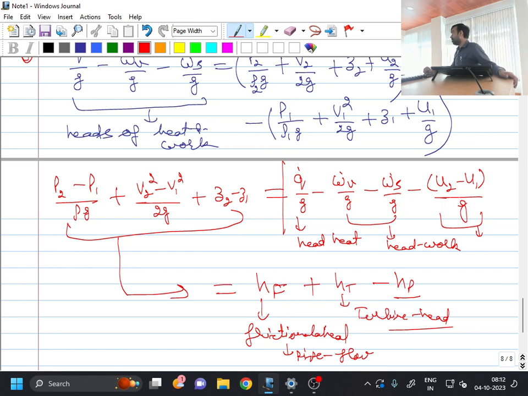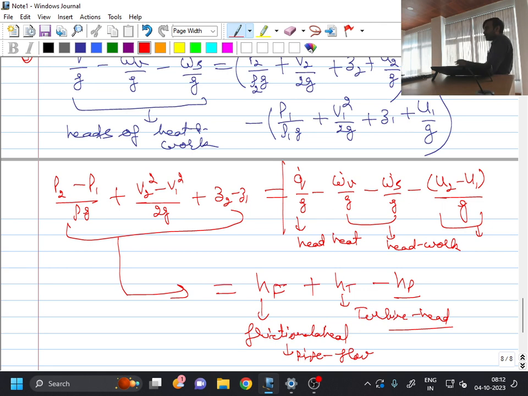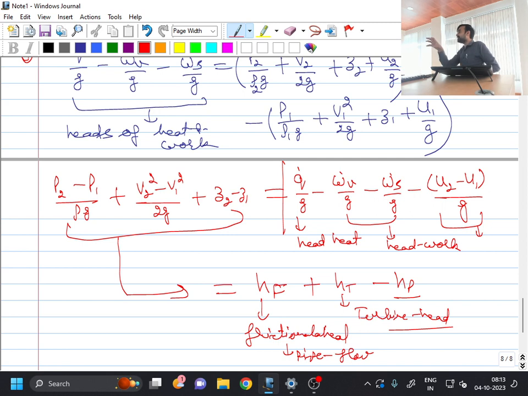On the contrary, if you talk about the Bernoulli equation, next we will be deriving the Bernoulli equation, but the primary nature of the Bernoulli equation is that it is applicable for a frictionless system, because all the heads at inlet and outlet we equate by considering that there is no addition or subtraction of energy in between the inlet and outlet.